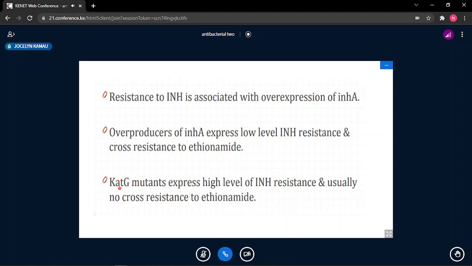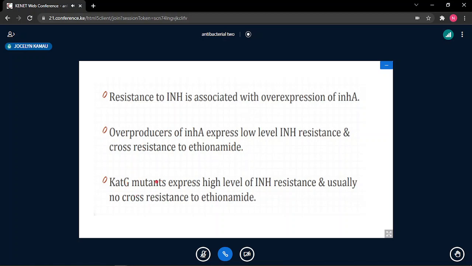This is the enzyme that activates the prodrug isoniazid to the isonicotinic acid. They express a high level of INH resistance, and usually no cross-resistance to ethionamide. So these are just facts that have been observed: overproducers of inhA express low-level resistance to INH. They do not have a lot of resistance towards INH, and unfortunately they will have cross-resistance to ethionamide. If you have cross-resistance to ethionamide, that means you cannot give them ethionamide.